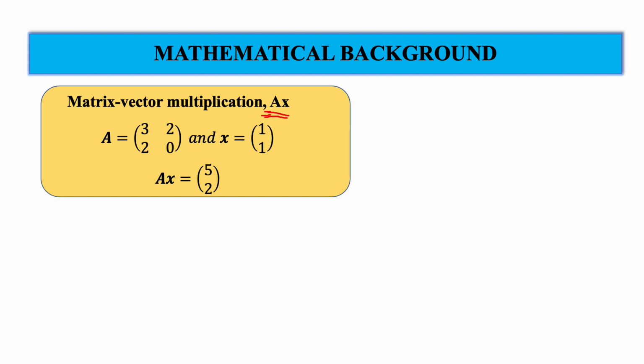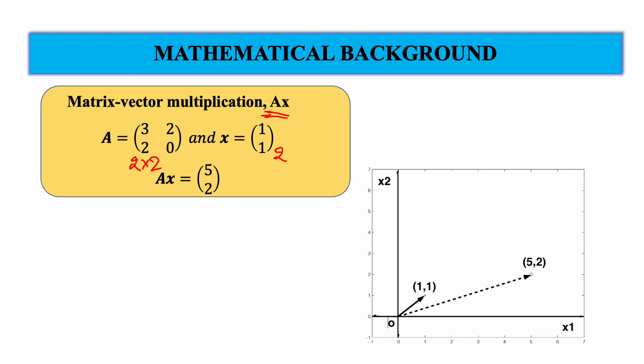Here is a simple example where you have a matrix A of 2 by 2 and a vector X consisting of 2 elements. This is shown in this figure. The X vector is shown like this, 1 1. Now when we pre-multiply X by A, what we get is a vector 5 2.